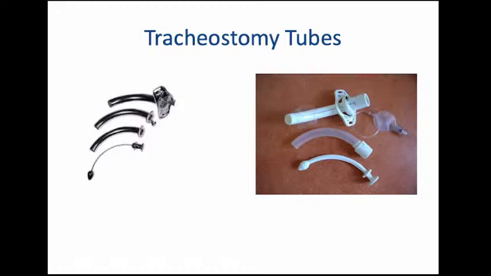This is very good because when you want to change, you just remove this without having to remove the outer tube. There are other tracheostomy tubes like these ones. They are actually out of use in most places, these metallic ones, and they don't have a cuff because of their type. They are those you'd use much later, not at the time you're doing the tracheostomy.